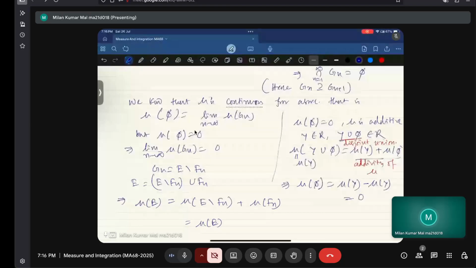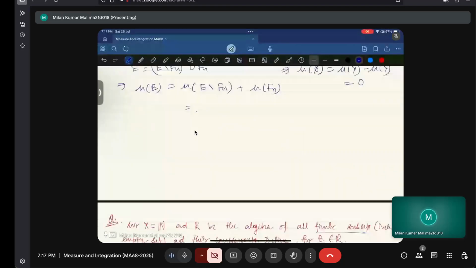Okay, I got it. So let me write it this way: limit n tends to infinity. You can write mu of Gn, and it can be written as a disjoint union, so summation of j equals 1 to n mu of Ej.